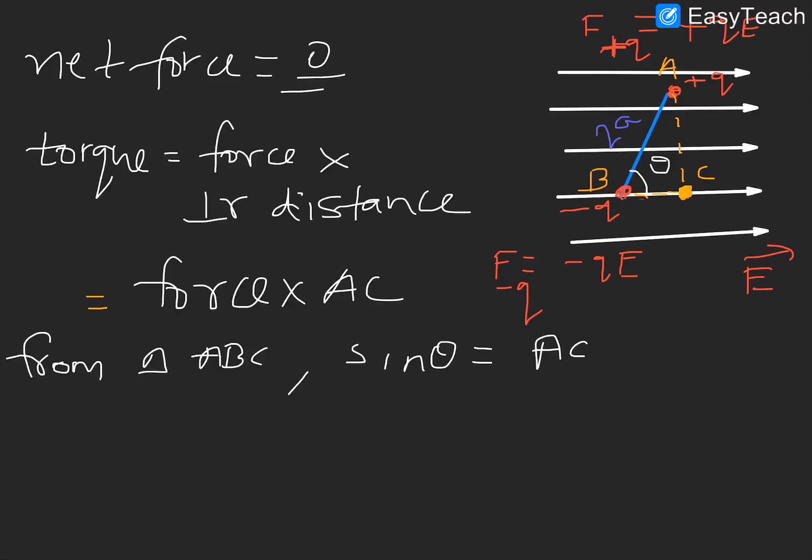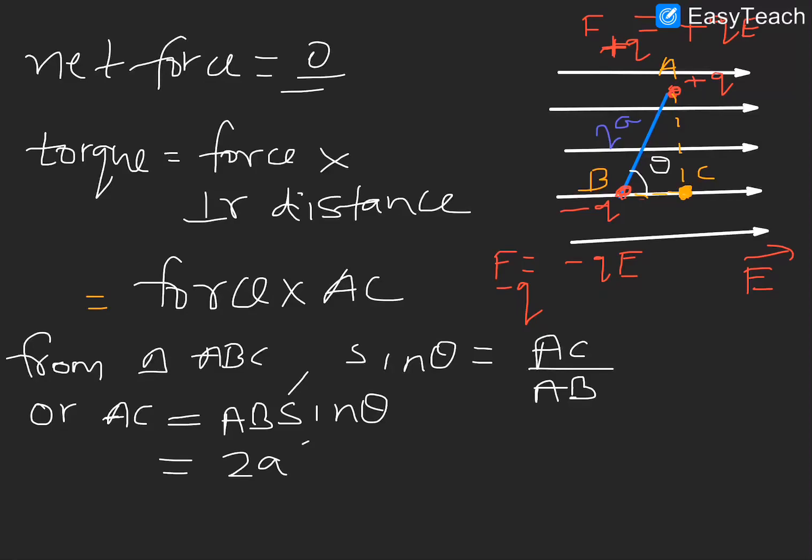It is AC by AB, or AC is equal to AB into sin theta. Now what is AB? AB is 2A, the dipole length, 2A into sin theta. So you got AC, the perpendicular distance. You got AC as 2A sin theta.